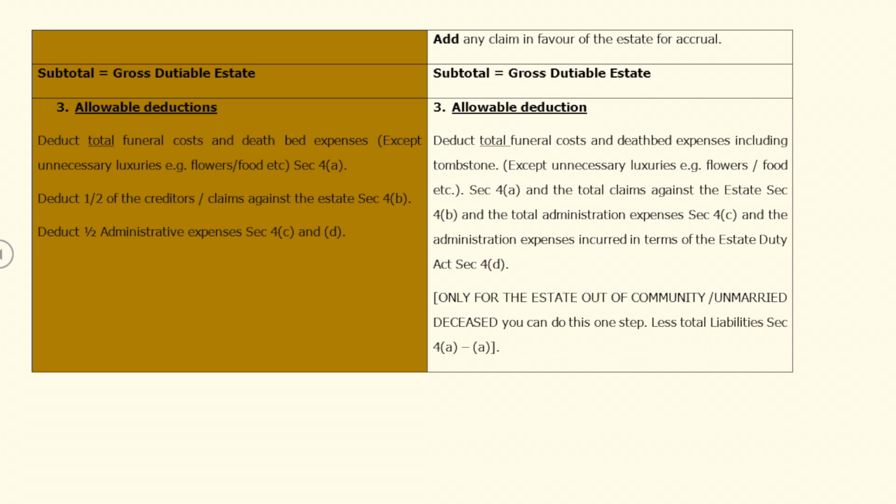And the Commissioner of SARS will not just allow certain costs that are escalated for cards and all that in terms of which a person was buried. And then you will also deduct half of the claims against the estate, because here the people are married in community of property. You will also deduct half of administrative expenses. That is in column A.